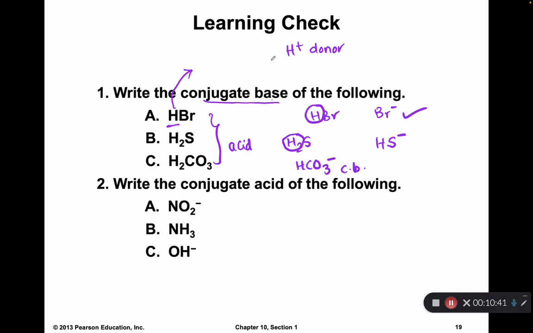Okay, how? Because H2CO3 means it has two H pluses and then one carbonate ion, right? One of the H plus is given away, means there is only one left. So H plus and CO3 2 minus makes us HCO3 minus.